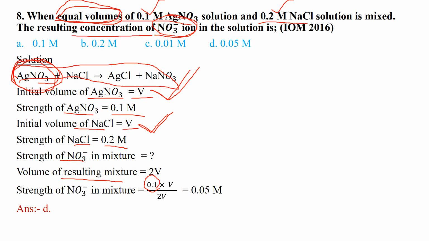The question clearly mentions the calculation of concentration of nitrate ion. So 0.1 times B, where B is the volume of silver nitrate, divided by 2B, the total volume of the mixture. Then the answer will be 0.05 molarity. Right. Very important question.